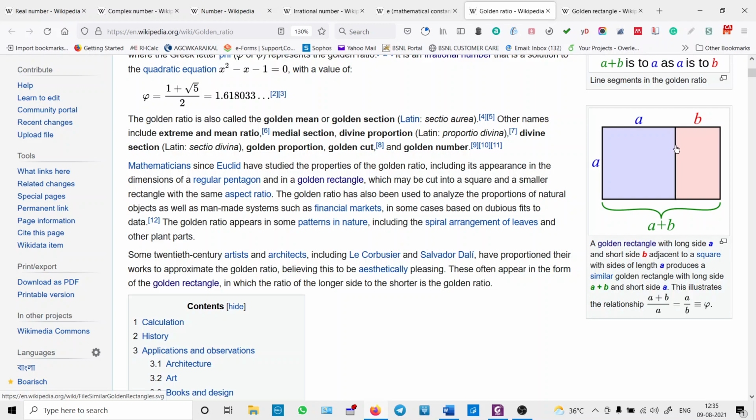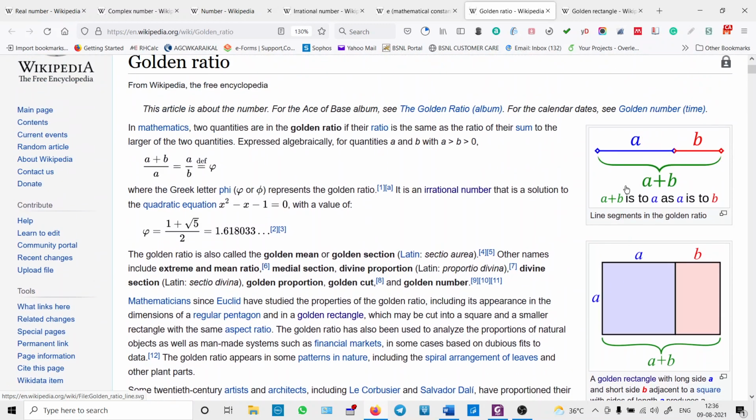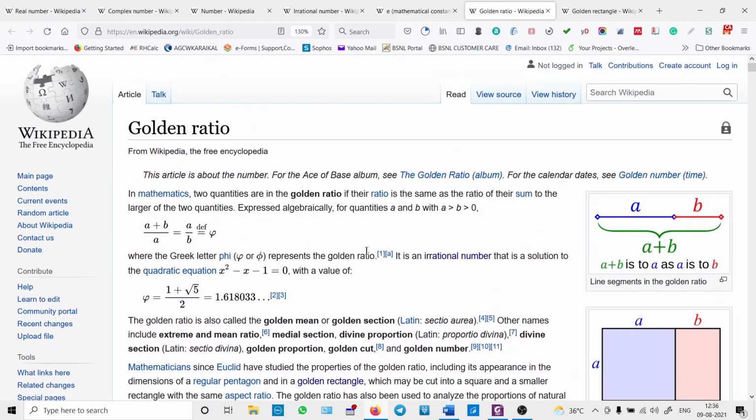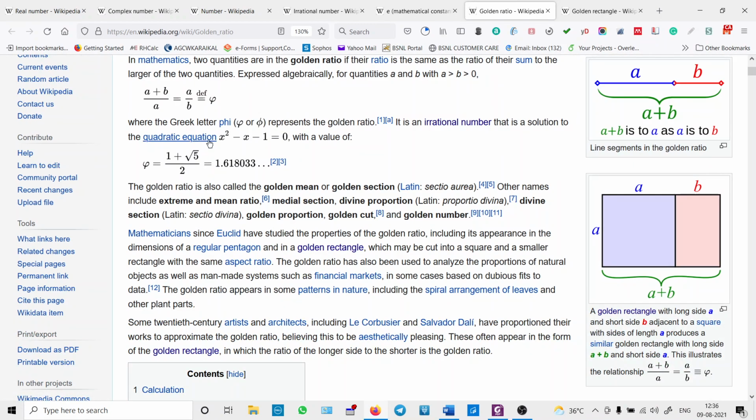You create one square adjacent to this golden rectangle with side length A, and now what they say is this big one is also a golden rectangle with long side A plus B and short side A. So this is how they illustrate with this example the meaning of golden ratio. So this is also an irrational number, and it is denoted by this quantity 1 plus root 5 by 2.